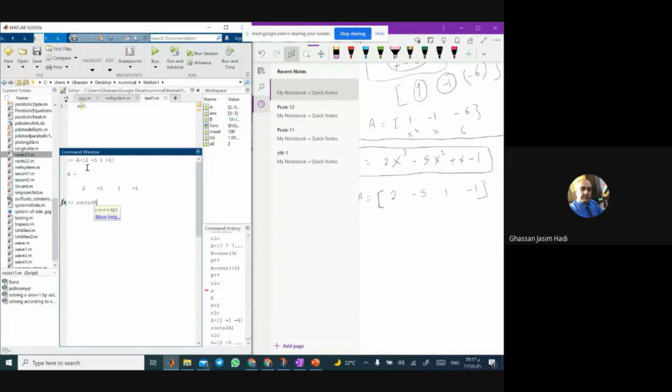For A, roots for equation A. Enter, he gives us 3 roots. 3 roots because we have what? Because we have x cubic, then we have to have 3 roots. Is that true?